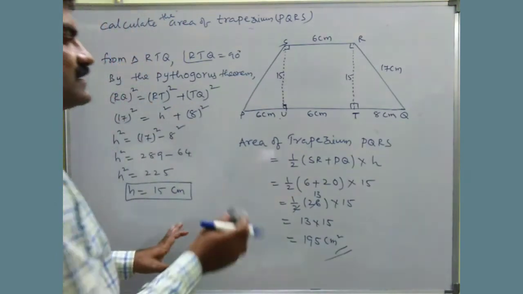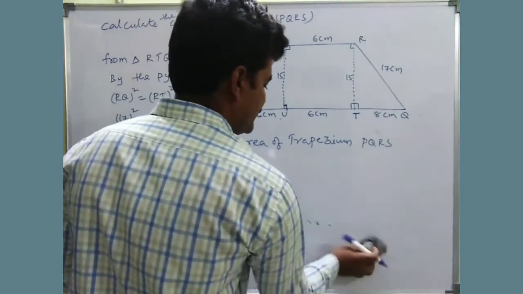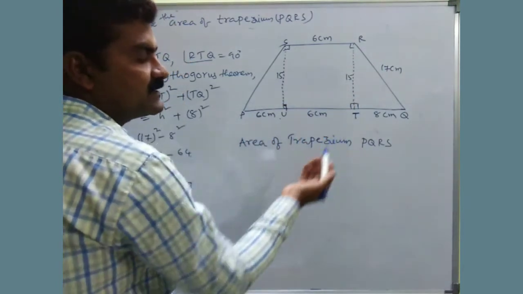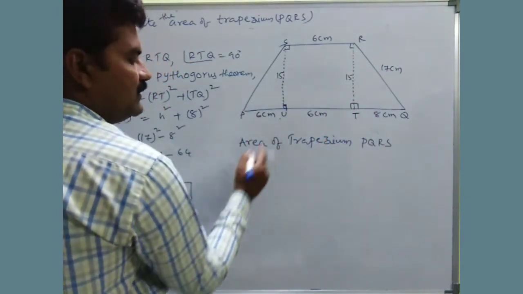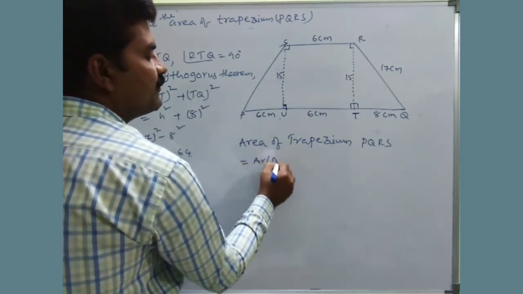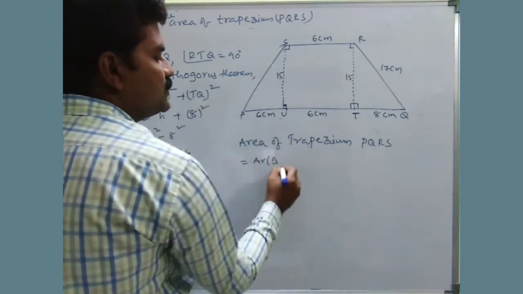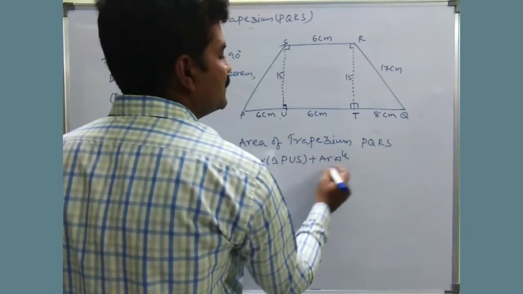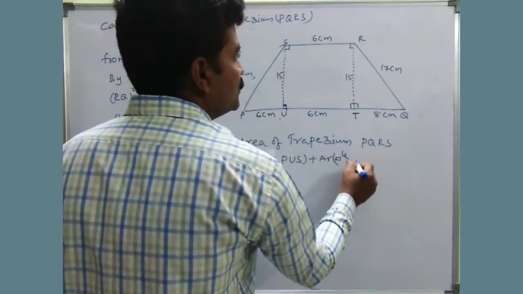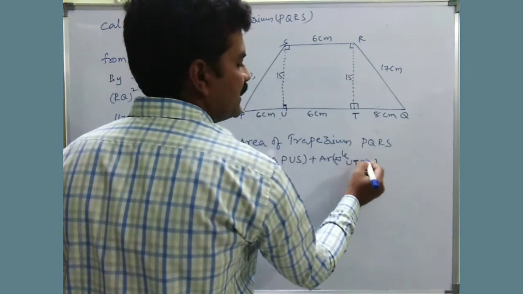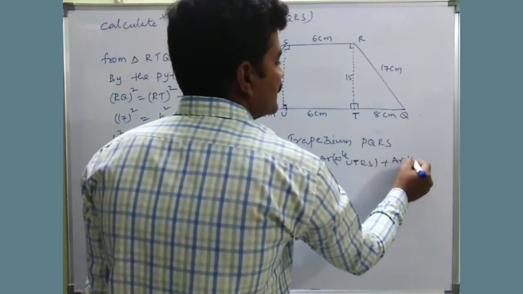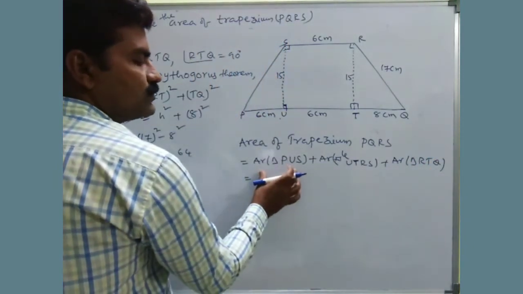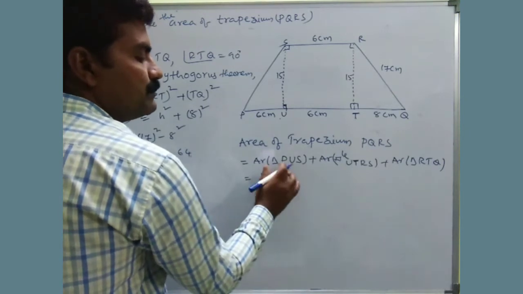Now see, what we can write this entire trapezium area as. The entire area is the sum of 3 areas. That is equal to the area of triangle PUS plus the area of this, which is clearly a rectangle, area of rectangle UTRS, plus the last triangle RTQ. For the triangle I go with half into base into height.